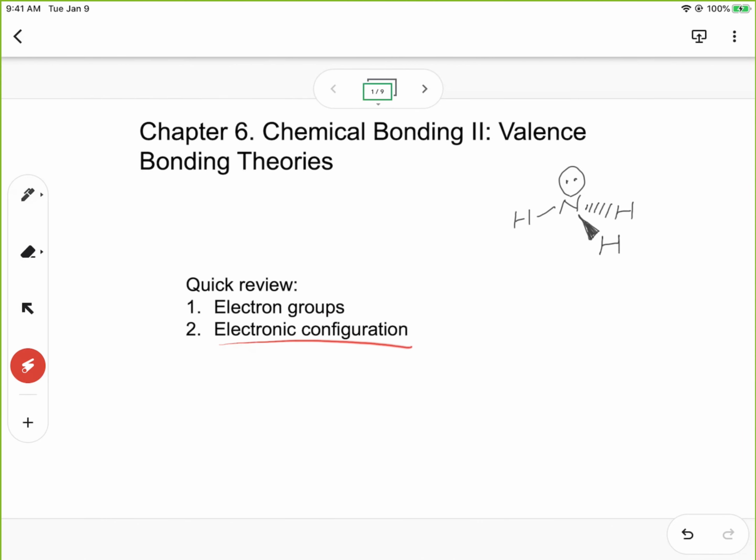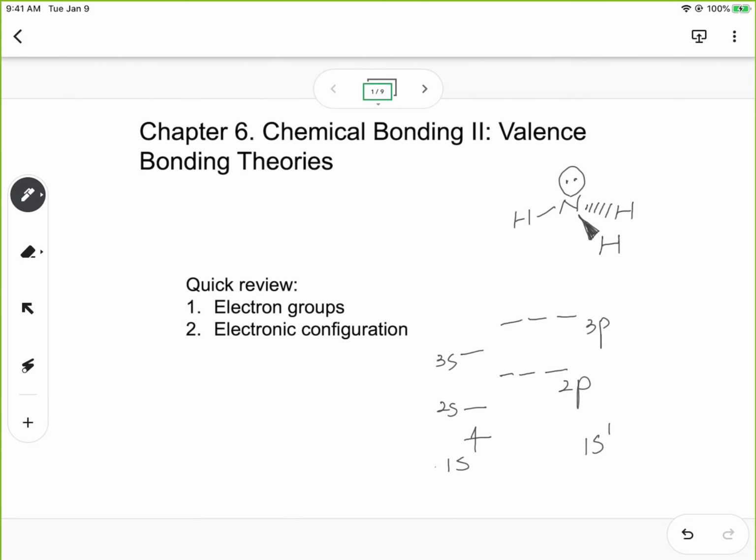Second thing, electronic configuration. When we talk about the atomic orbitals, from 1s, for instance, then 2s, to 2p, and then 3s, and 3p. This is what we discussed before, and we'll put the electrons here. This is going to be hydrogen, 1s1 for hydrogen, and then for helium, it's going to be 1s2.